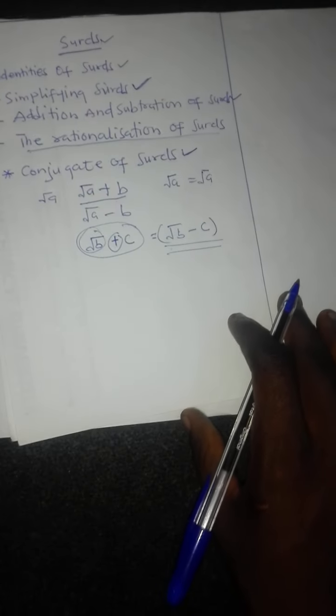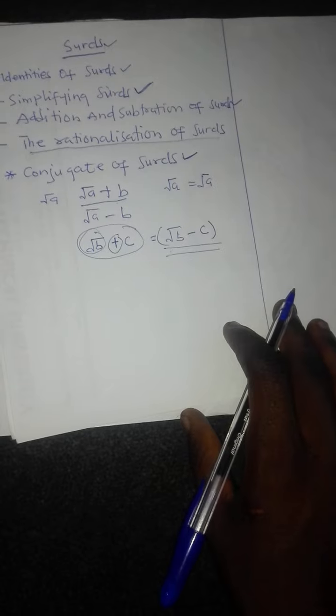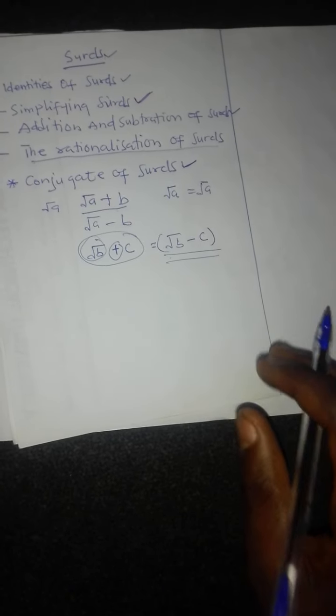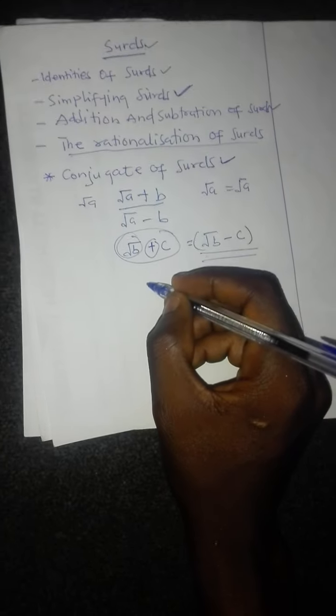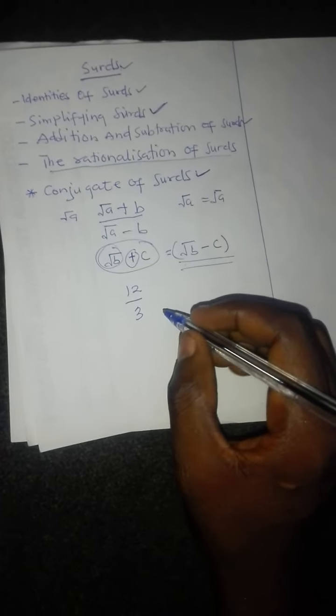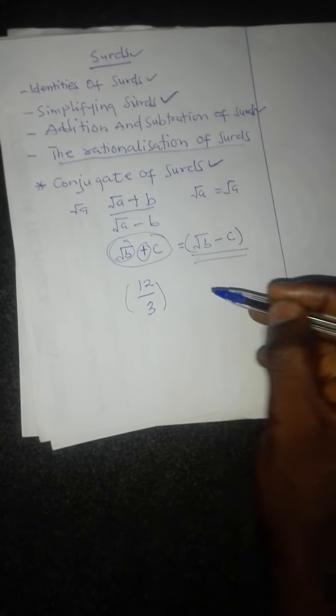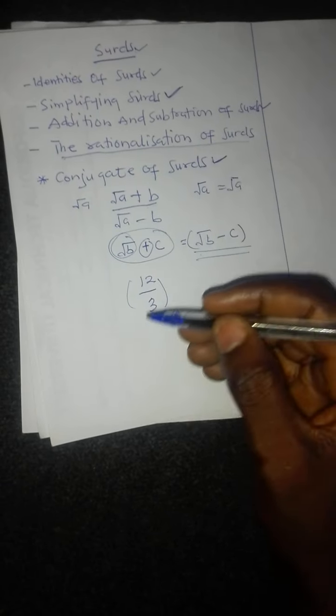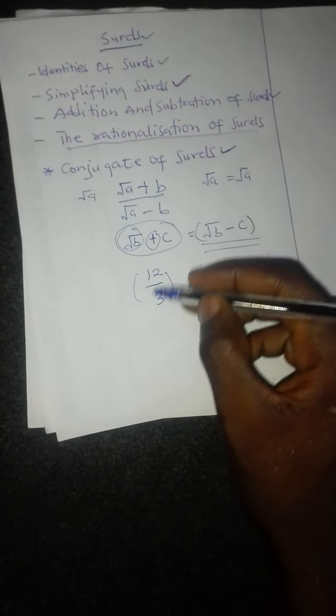Now, when sets are put in the form of a fraction, it is just like fractions. If you have a fraction like 12 over 3, this is an improper fraction.